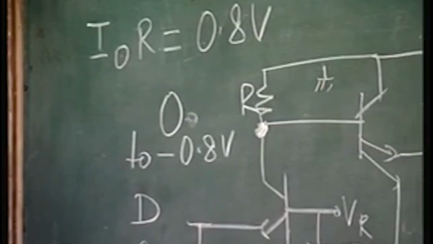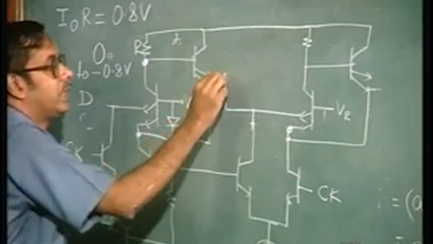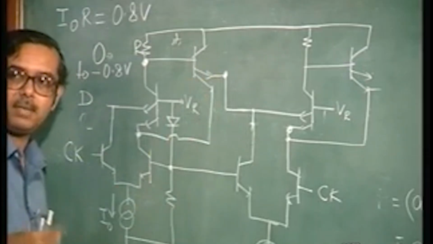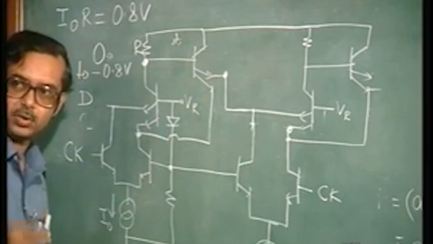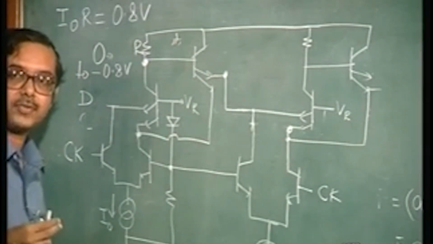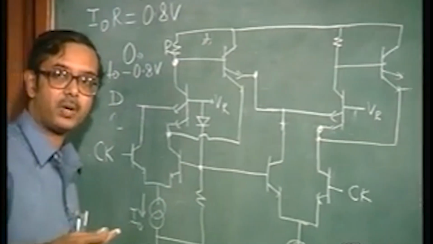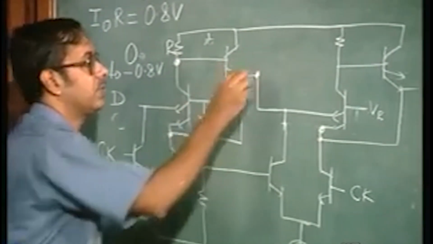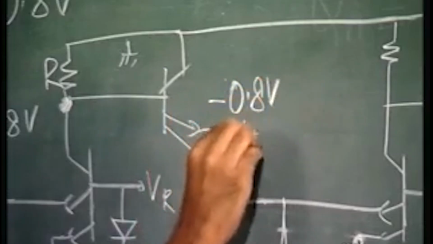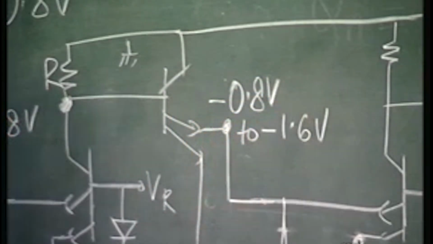Now, what is the output voltage variation? What is the output voltage drop? If we assume that the VBE of this transistor is 0.8 volts, the output voltage varies from minus 0.8 volts to minus 1.6 volts.